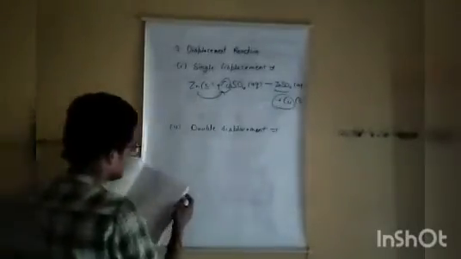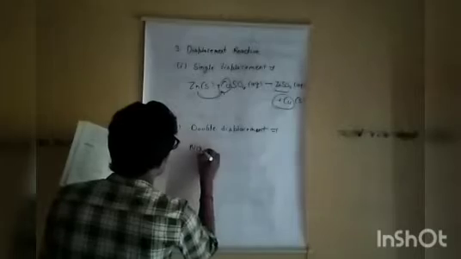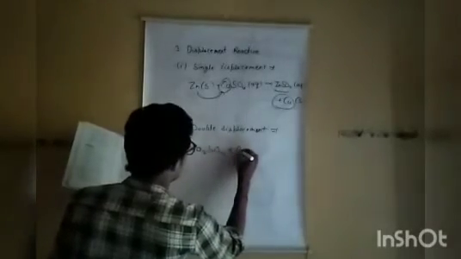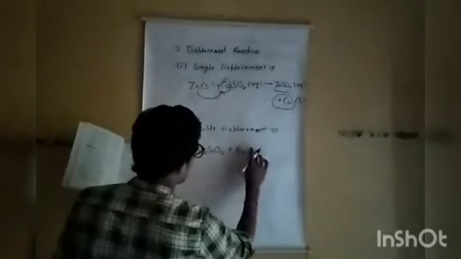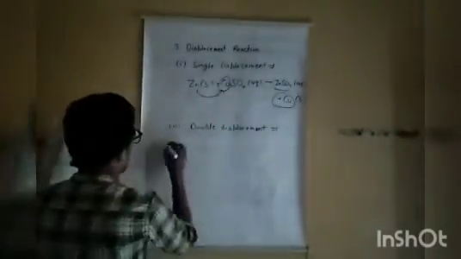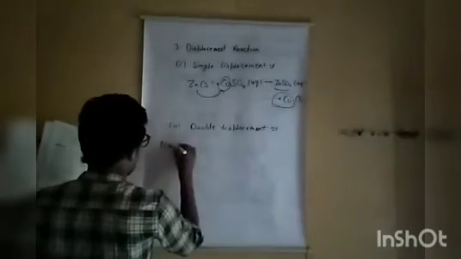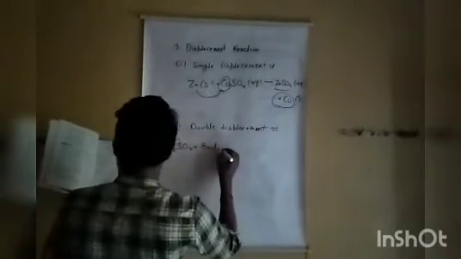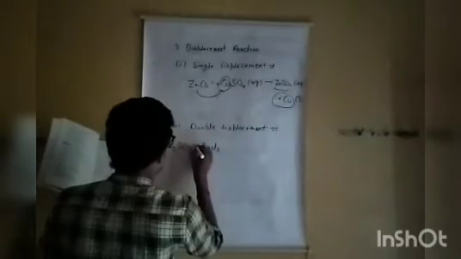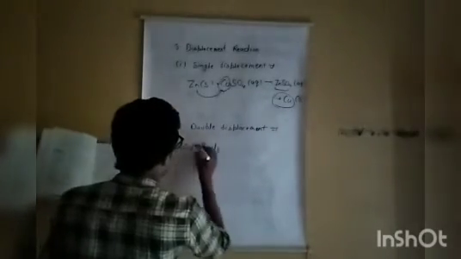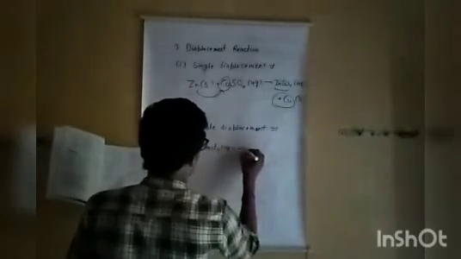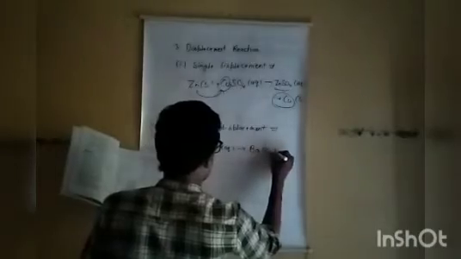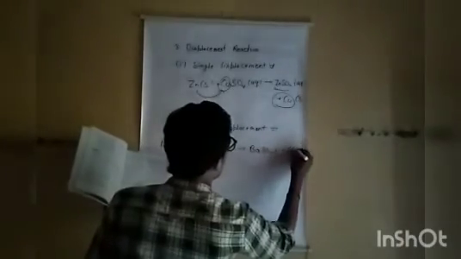In double displacement, Na2SO4 plus BaCl2 is equal to BaSO4 plus 2NaCl.